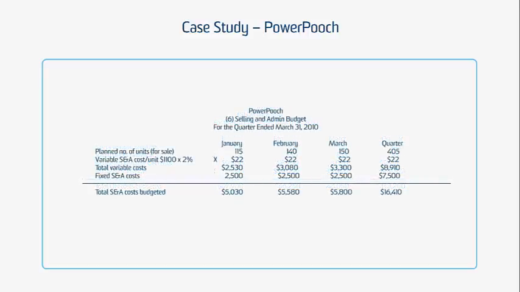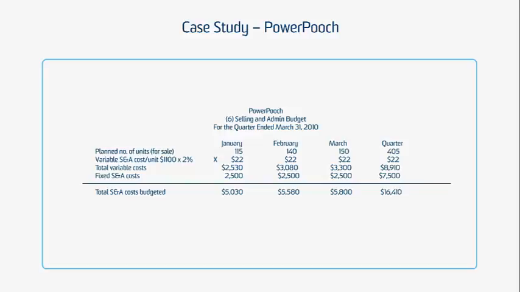Next, the selling and admin budget. We have the number of units that we plan to sell, not production, because things like sales commissions are based on the number of units sold. These come from the sales budget. Then we multiply by the variable selling and admin costs, which included a sales commission of 2% per unit.